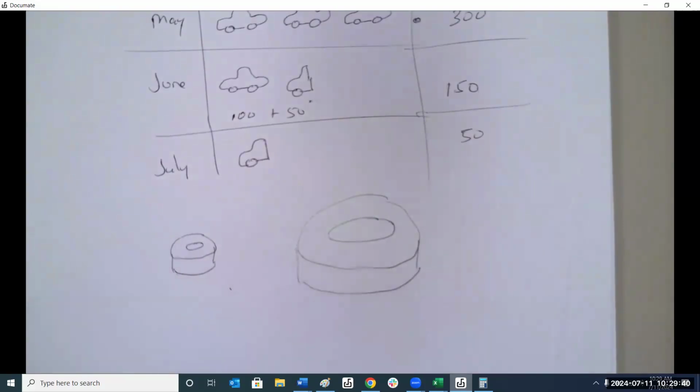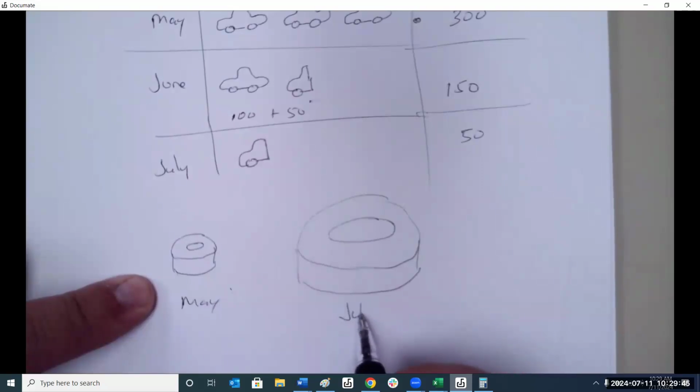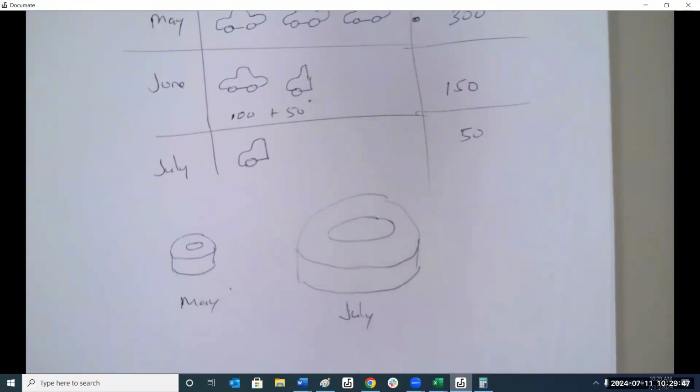So if you saw this, they're saying that if this is in May and this is July, you can say that our sales of tires has doubled. But obviously you can see the problem with that. It's just guesstimation what you think it looks like.